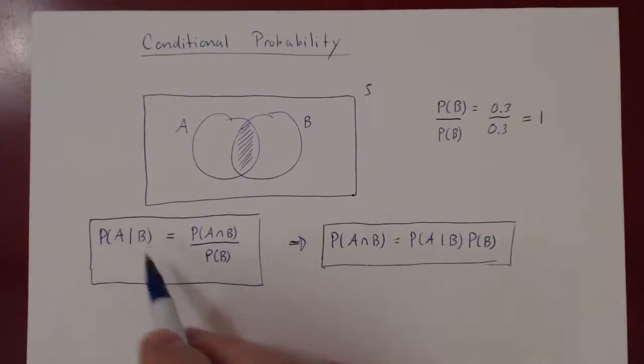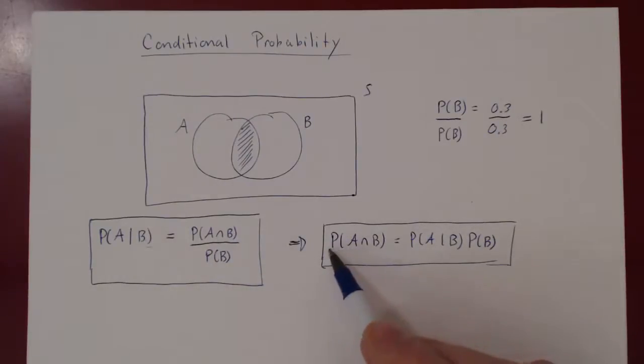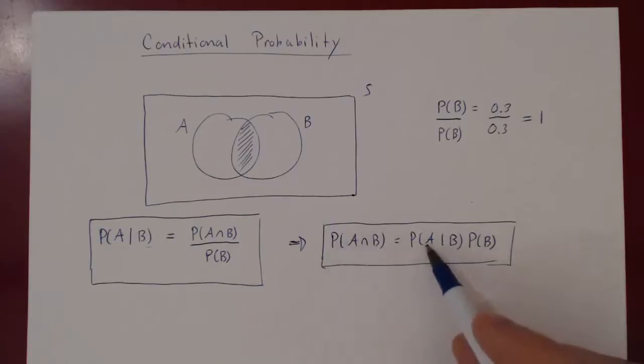P of A given B is P of A intersects B over P of B, and we can find the probability of an intersection if we know the conditional probability.